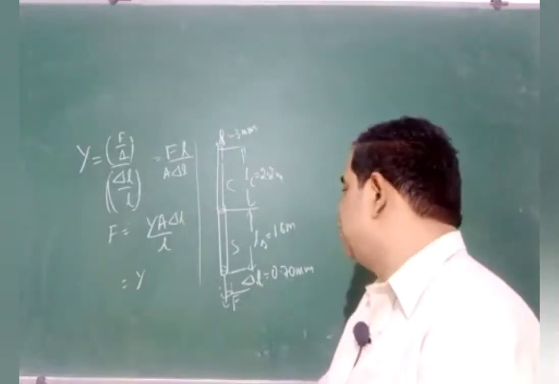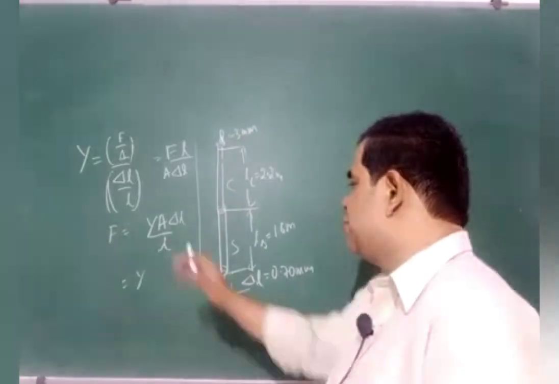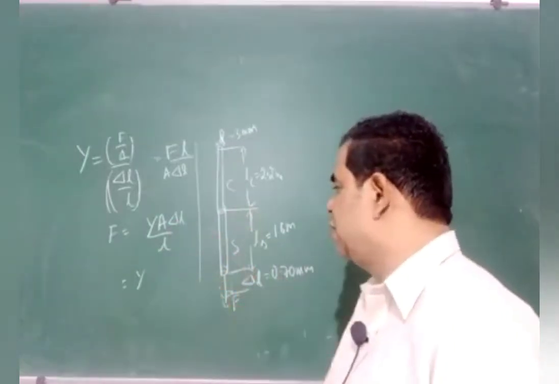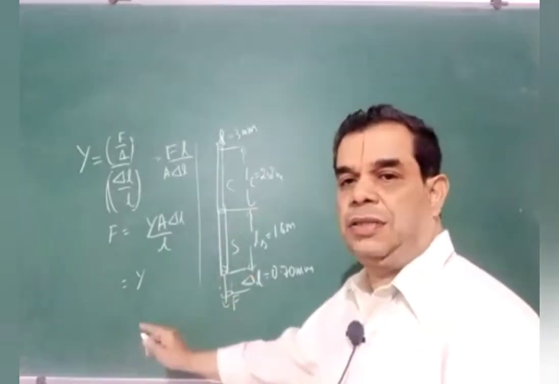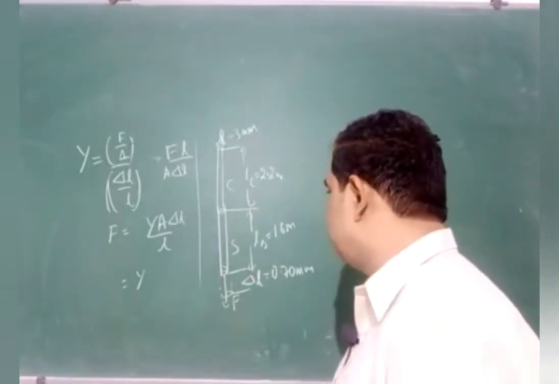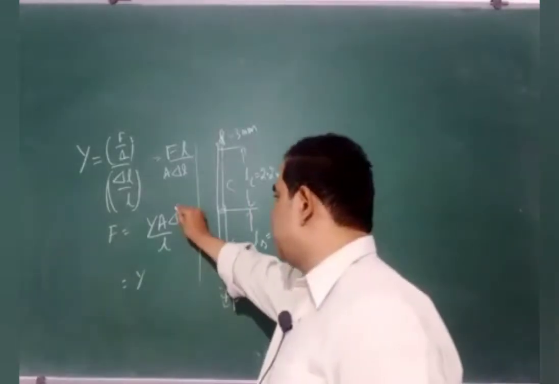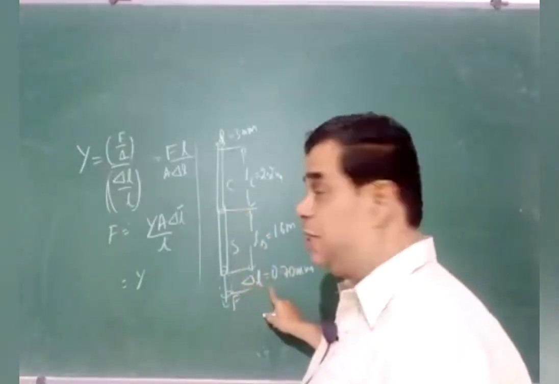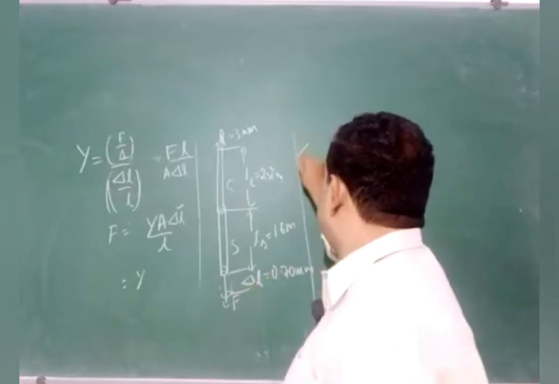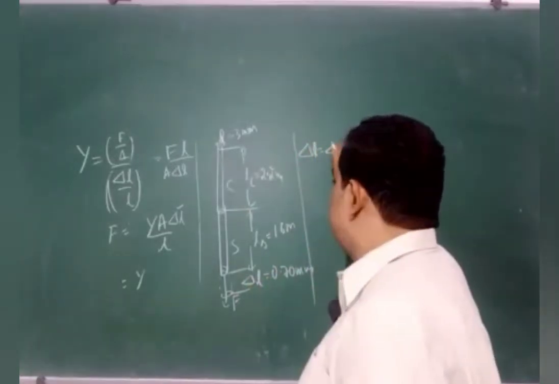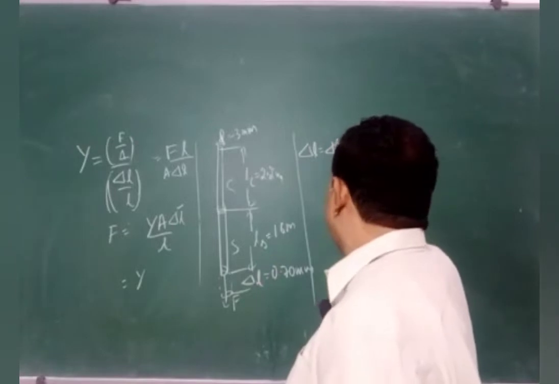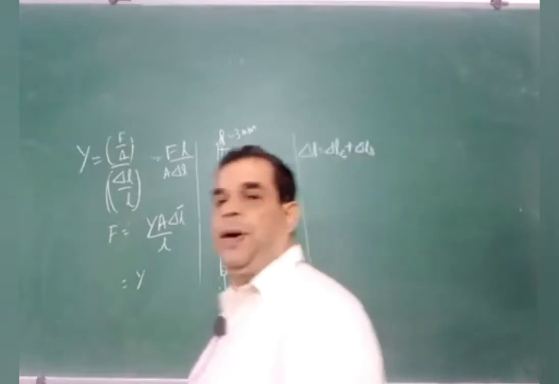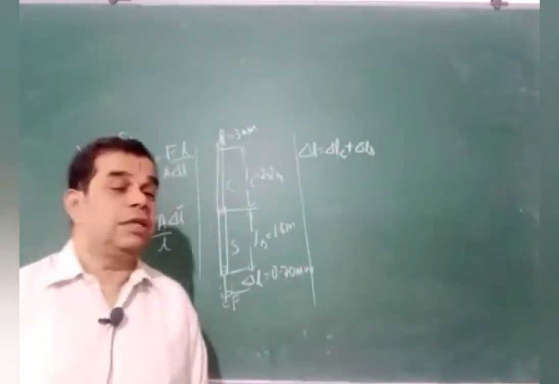For that, you can use this formula for any one of them, for copper or steel. But before that, observe, we don't know delta L separately for copper or steel. We know total elongation. Total elongation means delta L equals delta LC plus delta LS. That is elongation for copper, elongation for steel.